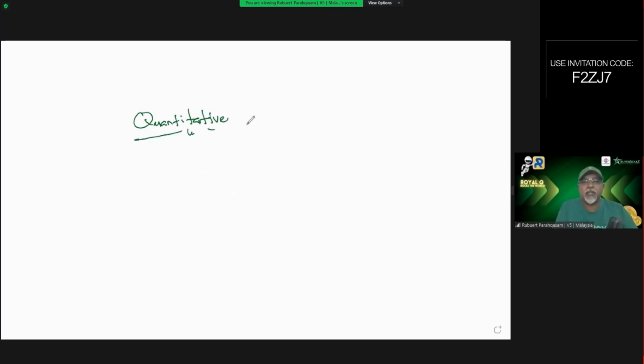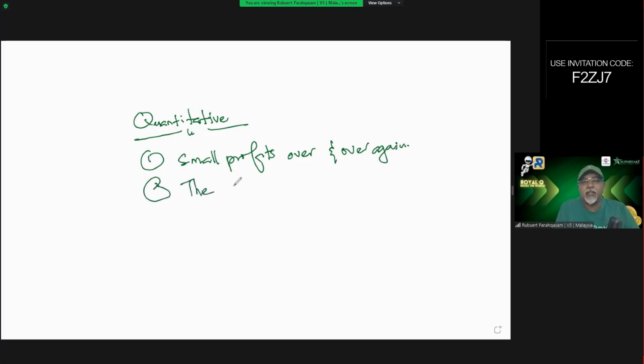What is this? Quantitative. What does it mean? Number one, we are taking small profits over and over again. And the next thing is the profit we take today will be of higher value in the future.